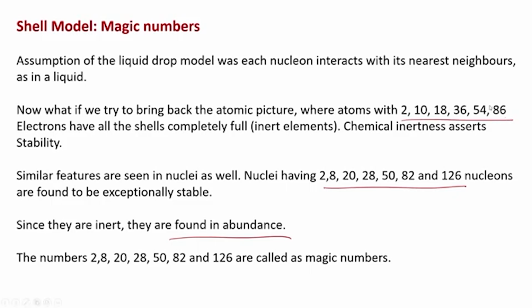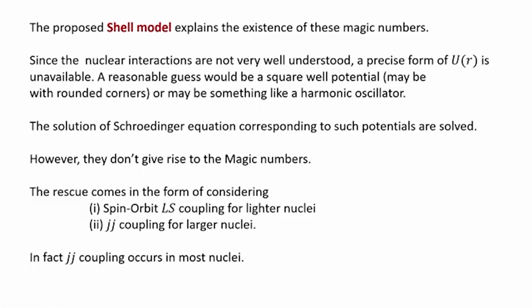Here stable means that they are found in abundance and they do not undergo any decay and cannot be broken up, and these are subsequently called the magic numbers. The shell model explains the existence of these magic numbers.